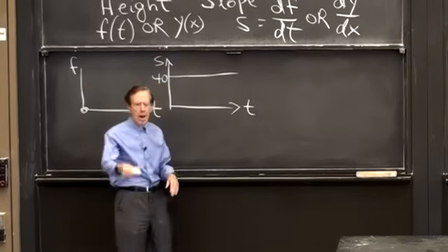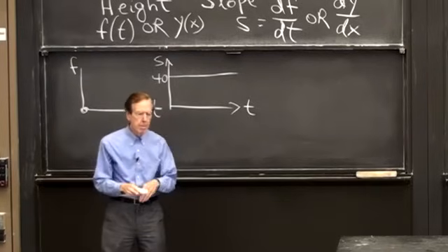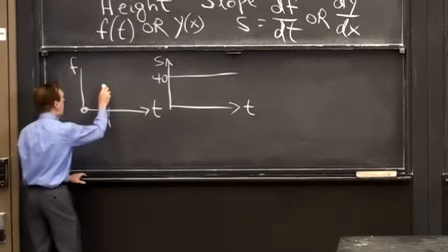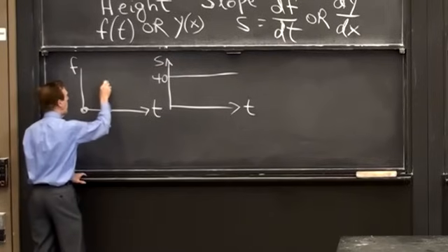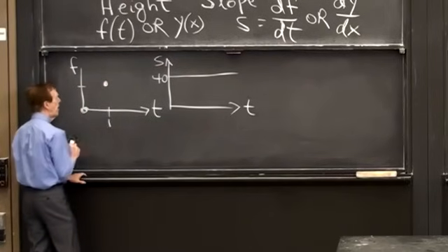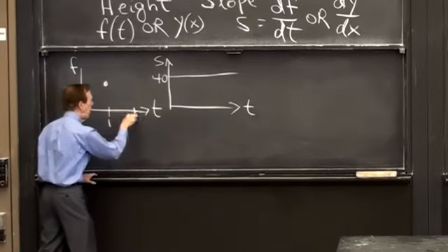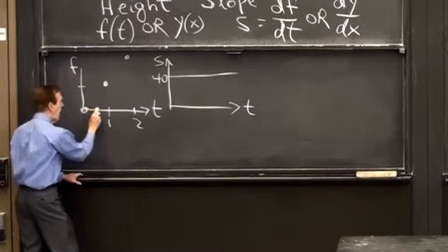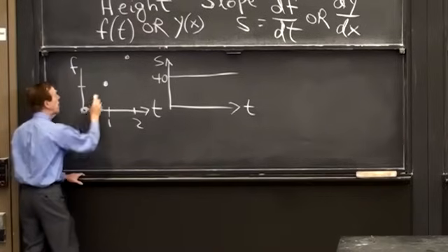After 1 hour, my distance is 40. So if I mark t equal to 1, I've reached 40. That's height of 40. At t equal to 2, I've reached 80. At t equal to 1/2, half an hour, I've reached 20.